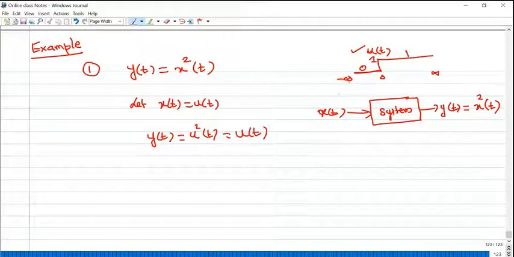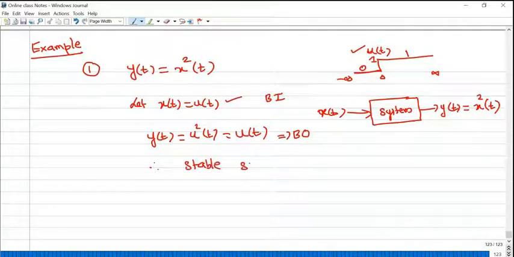Therefore, it is a bounded output. For a bounded input signal, the output is also bounded. Therefore, the system is a stable system.